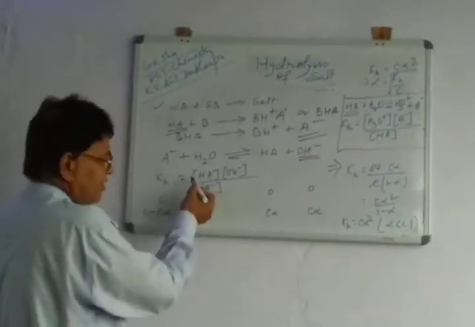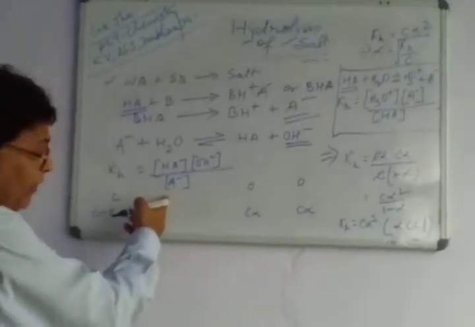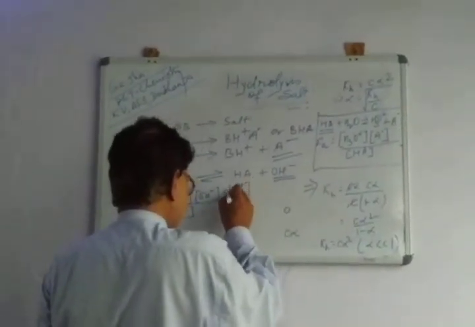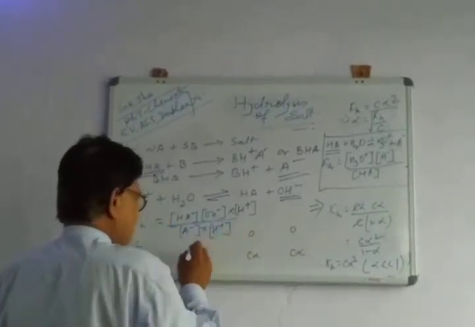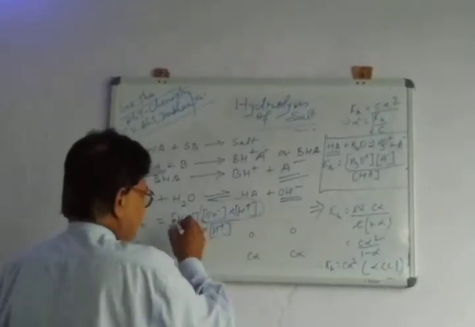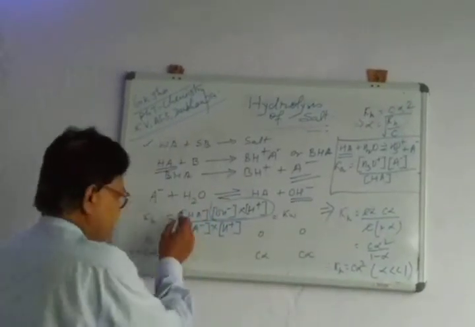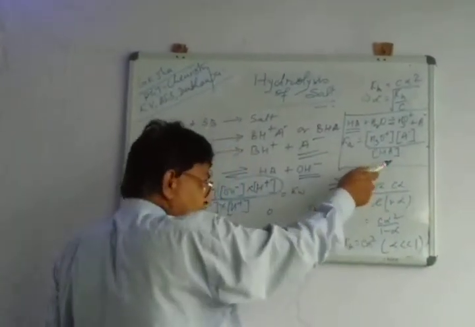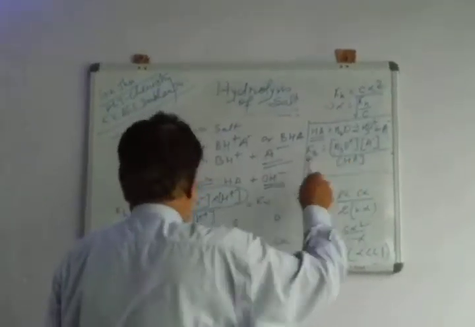Now check here, KH can be written as the concentration of HA into the concentration of OH minus by the concentration of A minus. Suppose we multiply it by the H plus concentration on the numerator as well as the denominator side. So certainly this factor is Kw. And HA by A minus H plus, here also HA, H plus, A minus, but they bear a reciprocal relationship.